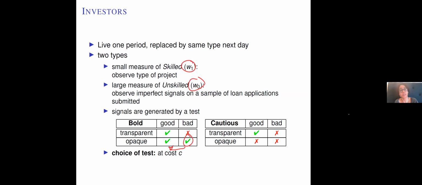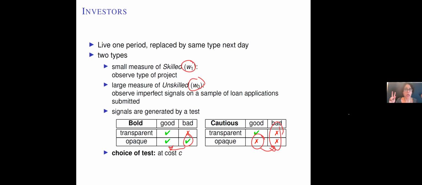The other case is a cautious test. This cautious test has false negative mistakes. What does it mean? Any project that is bad, it can identify as bad. However, unfortunately, it identifies the opaque good projects also as bad. So it gives false negative mistakes. Some good projects it's going to pool with bad.